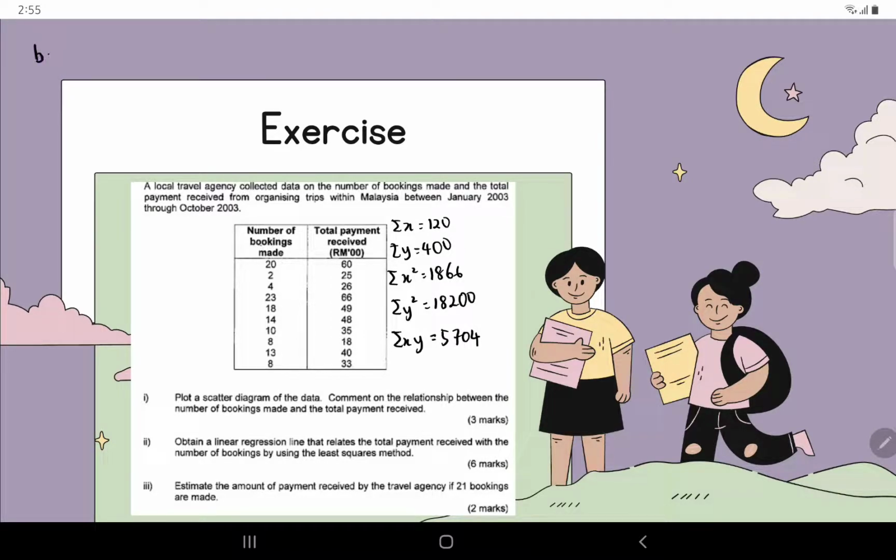So the formula for b, n tadi adalah kita punya n 10. So the value for b is n times total of xy minus total of x times total of y, divide by n times total of x square, minus total of x and then square kat luar.